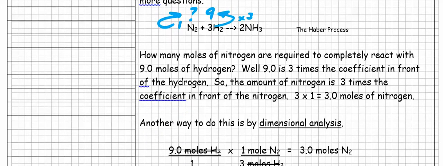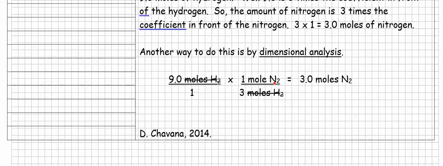That's the relationship between nitrogen and hydrogen. So moles of hydrogen cancel away, and I'm left with moles of nitrogen. Now I've got the 9.0 on top and the 3 on bottom. I divide them. 9.0 divided by 3, I'm going to have 3.0 moles.